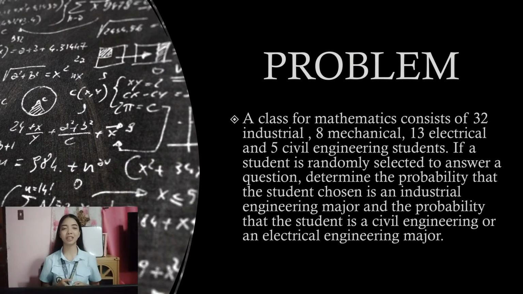Now let's proceed with the solving. It says that a class for mathematics consists of 32 industrial.